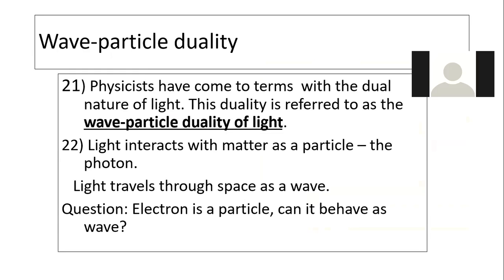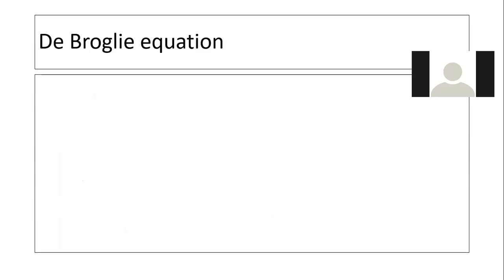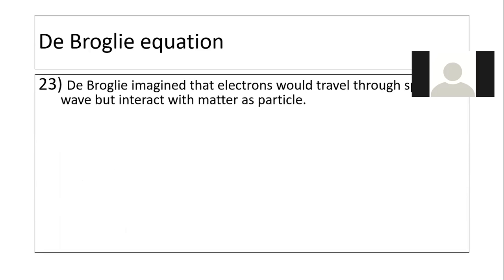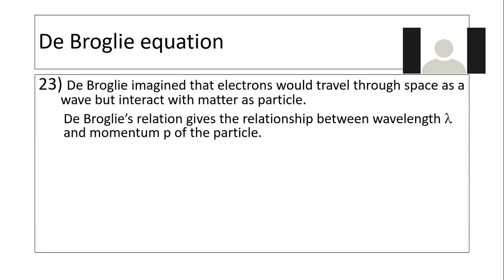The next question is, if that is true, then electron is a particle. Can it behave as wave? De Broglie came out with a solution, the de Broglie equation. De Broglie imagined the electron can travel through space as wave, but interact with matter as particle. De Broglie's relation gives the relationship between wavelength and momentum of the particle.